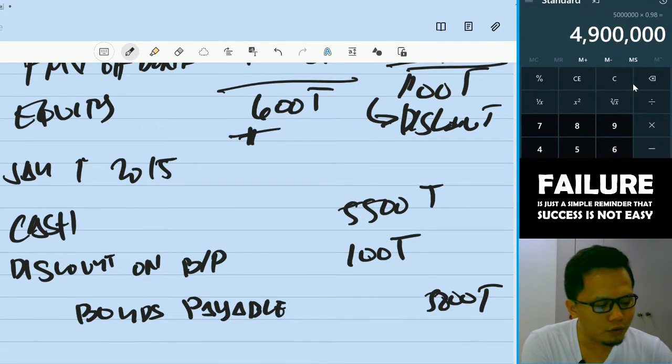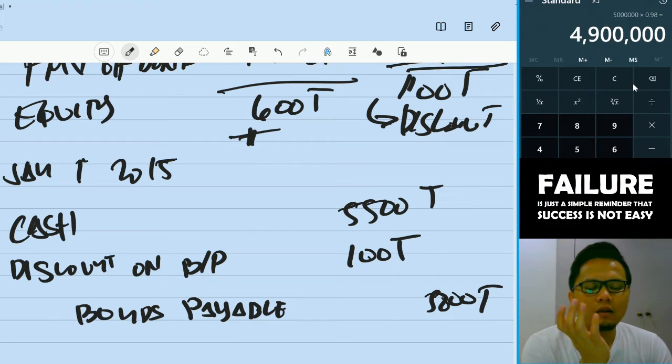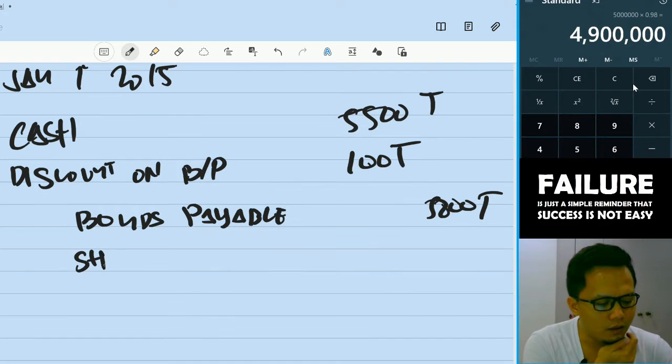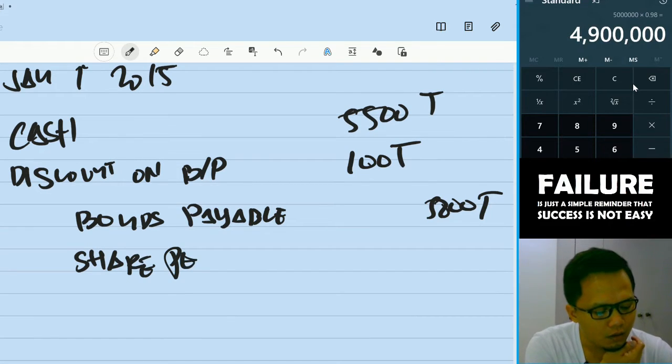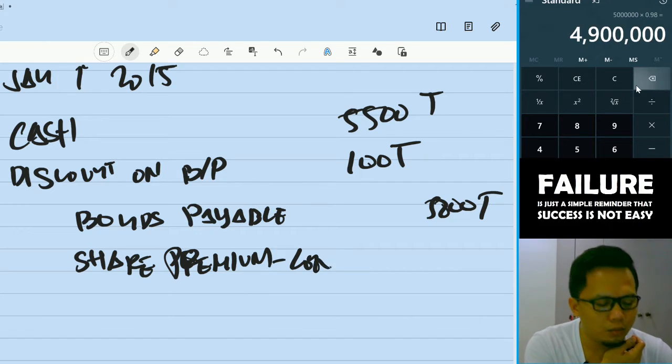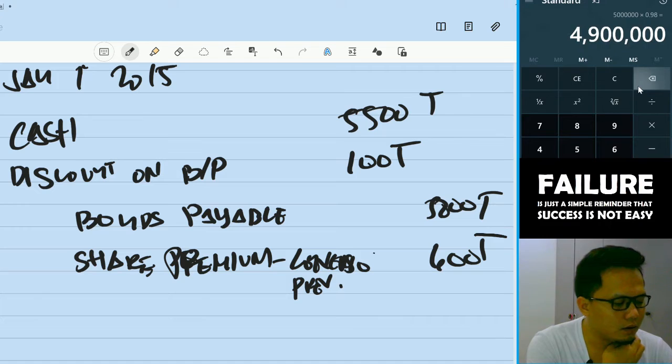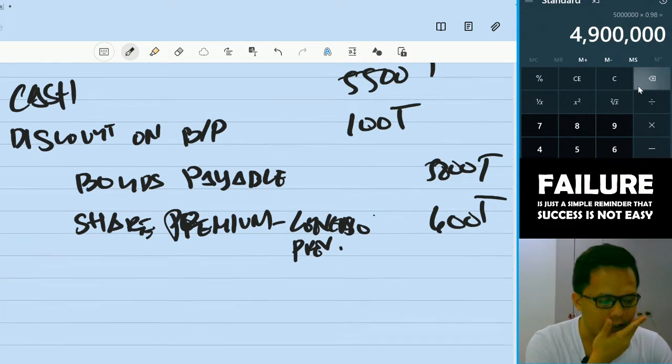Then the equity portion, again, credit this, but because this is now a convertible bonds, the account title that we will use will be share premium, conversion privilege, at 600,000.